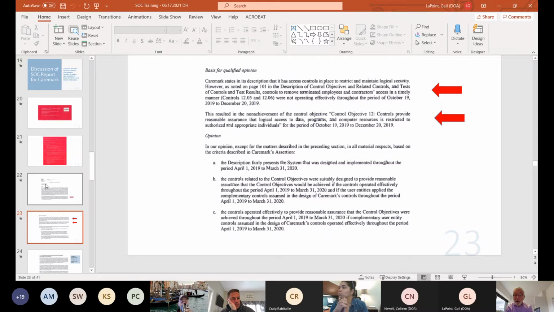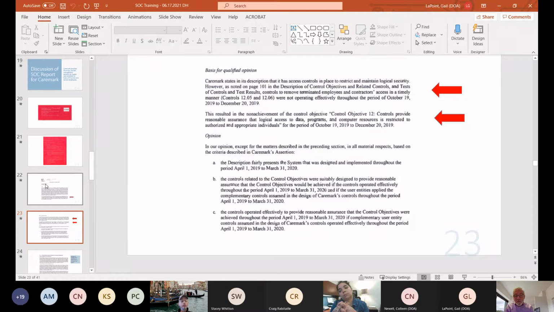So this is the type of thing that you want to be looking for. If you see that wording, basis for qualified opinion, in the opinion report, that's a red flag that it's something you need to look at more closely. And it will give you a link to what it is that was the basis for the qualified opinion.